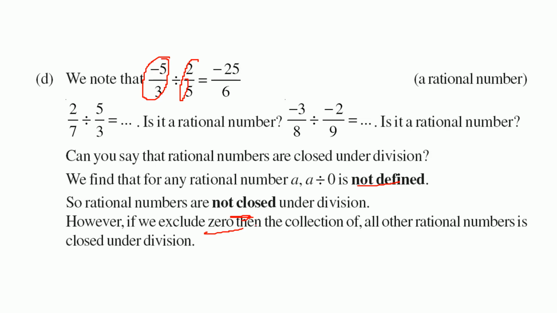So if you exclude 0, then the rational numbers will be closed under division. Because if you see this example, we are getting minus 25 by 6, which is a rational number. And as I said, you cannot divide a by 0. So you just have to exclude 0 to indicate this as the operation which gives you a rational number, closed under division.